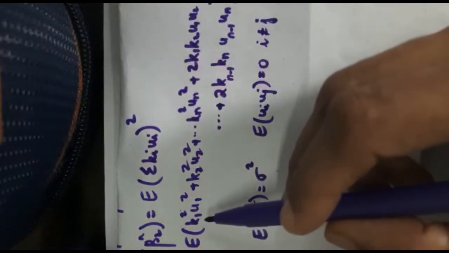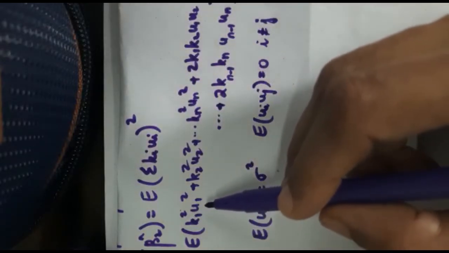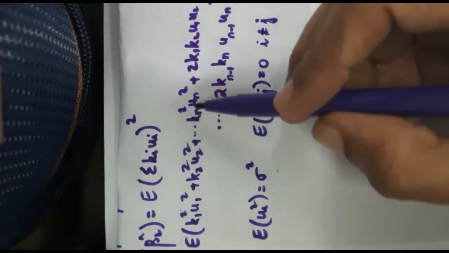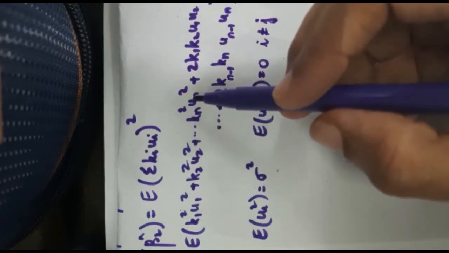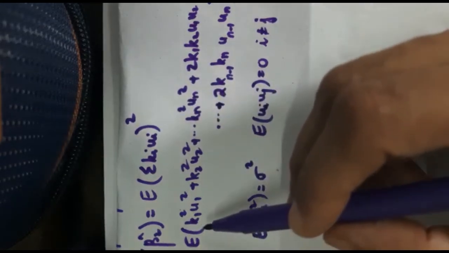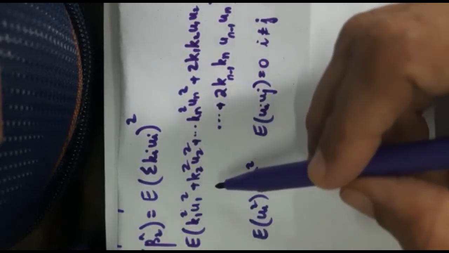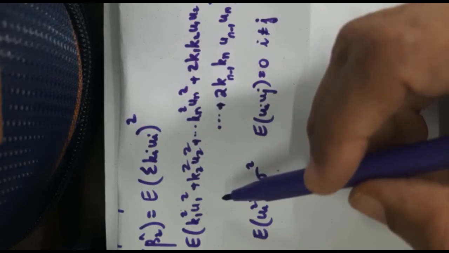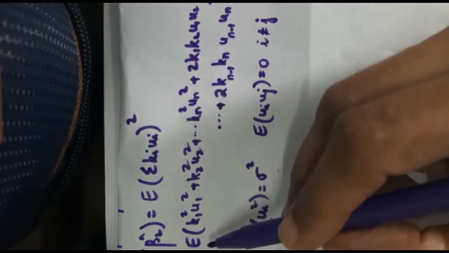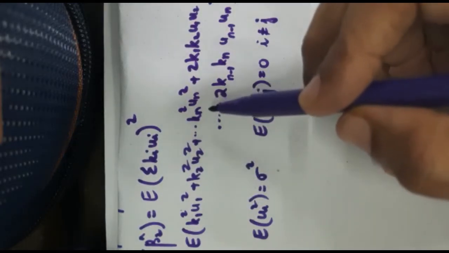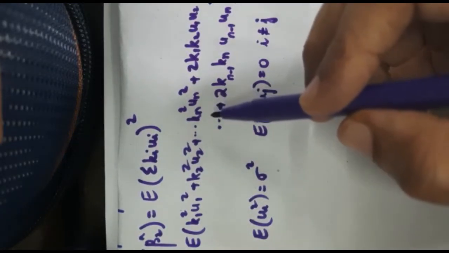So what we are left with is the expectation of the terms k1 squared u1 squared plus k2 squared u2 squared and so on till kn squared un squared. And we know that since k1, k2, kn are all made up of non-stochastic x variables, the expectation can only be taken for the terms u1 squared, u2 squared, u3 squared and so on till un squared.